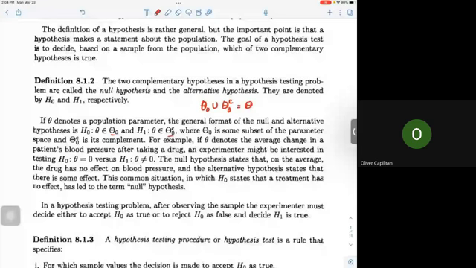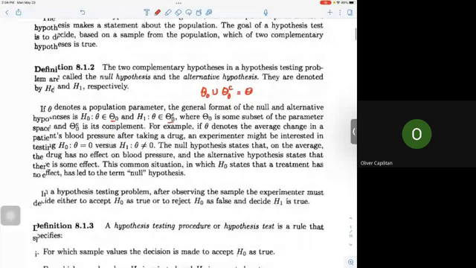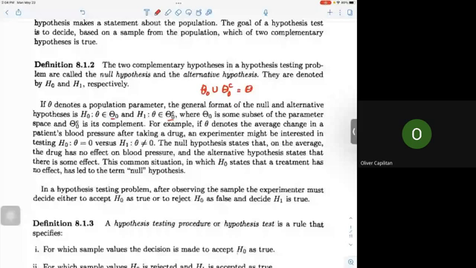We have an example here. If our parameter theta denotes the average change in the patient's blood pressure after taking a drug, an experimenter might be interested in testing the null hypothesis that this parameter theta is equal to 0 versus the alternative H sub 1 that theta is not equal to 0.